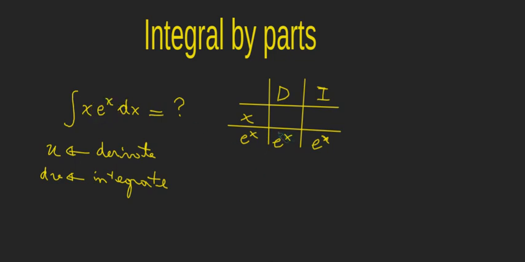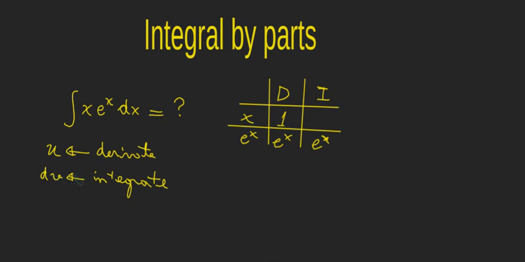Okay. But let's analyze now what happens with the choice that we can make for the x part. If I choose to call x equals u, I'm going to derivate it, and the derivative of x is 1.